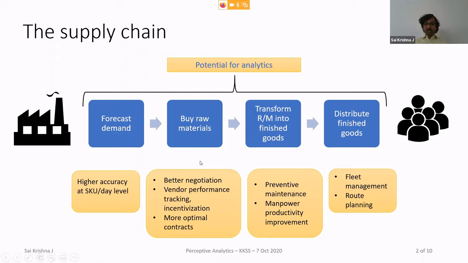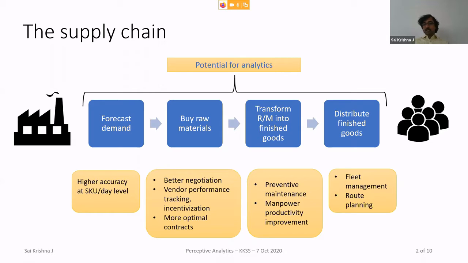Then the next stage is where we have to buy raw materials from our suppliers or vendors, which comprises a range of activities in itself. Starting from better negotiations for prices, then vendor performance tracking, incentivizing the vendors to give us better services, and then drawing up the most optimal contracts with our vendors.